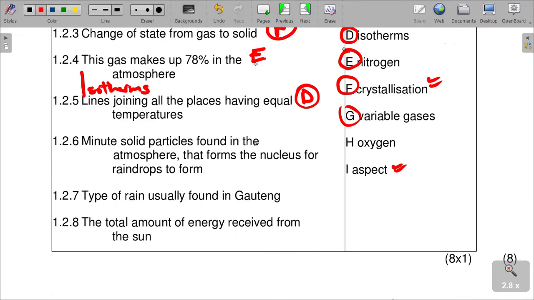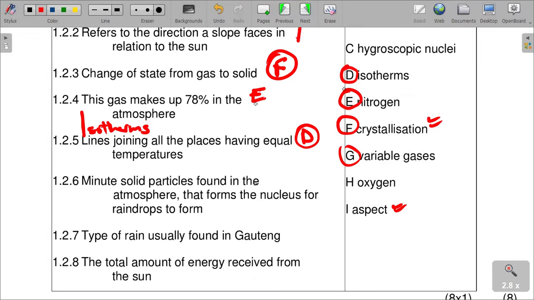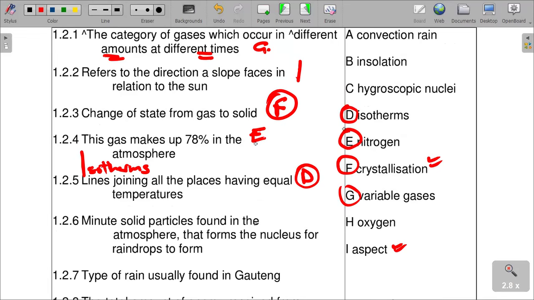And then, minute solid particles found in the atmosphere that form the nucleus for drops to form. We call that hygroscopic nuclei, meaning they are not visible.